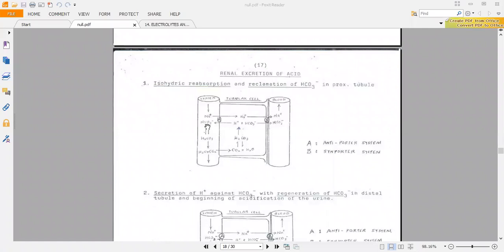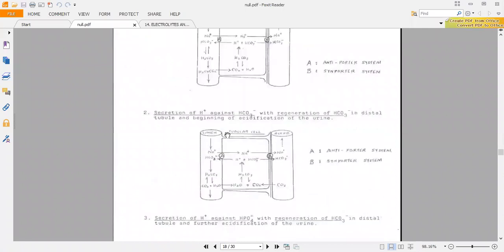So you convert the bicarbonate to carbon dioxide, which can diffuse across the cell membrane. When it enters the cell, we recombine it with water, get our H2CO3 back, then break it down to bicarbonate. Then the bicarbonate will move into the blood. In this case, we have reclaimed the bicarbonate. This is one way.